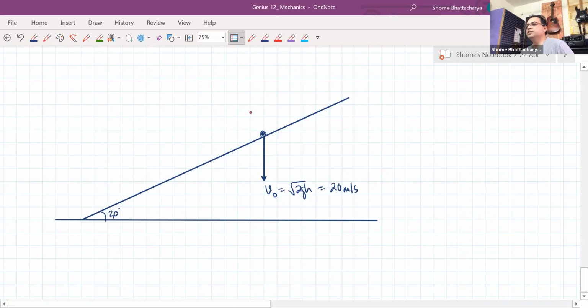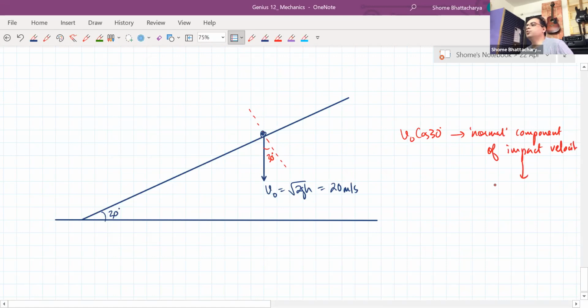But more importantly, with respect to the normal, that will be at 30 degrees like this. So we can see that V naught cos 30 is the normal component of impact velocity.